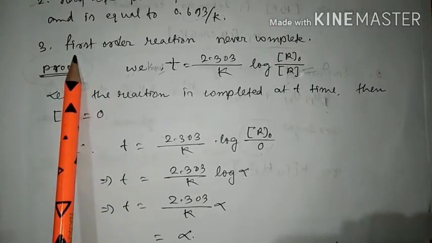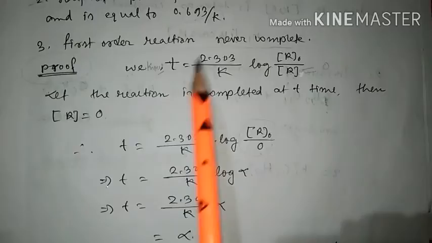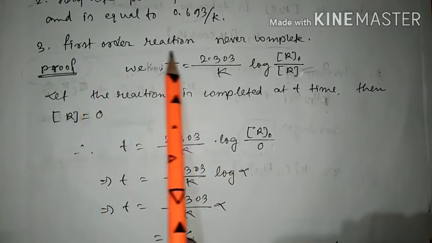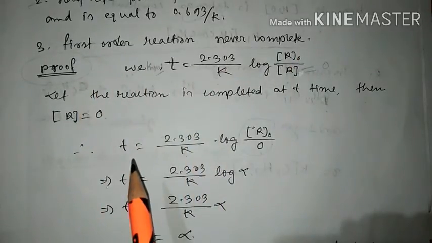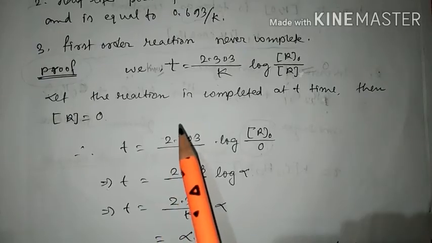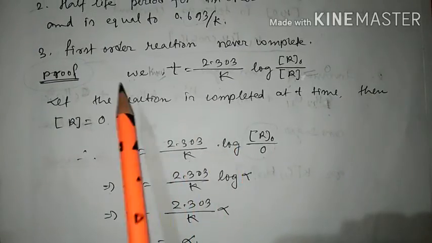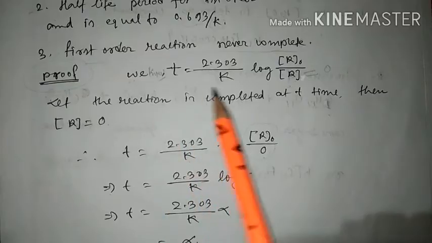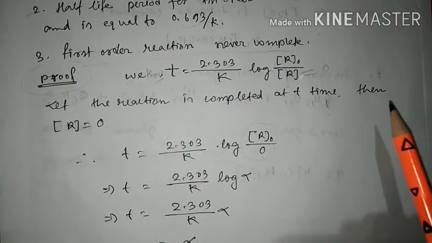Now, the third and most important characteristic of first order reactions is that first order reactions never complete. That is, first order reactions take infinite time to complete. That means it is never complete.